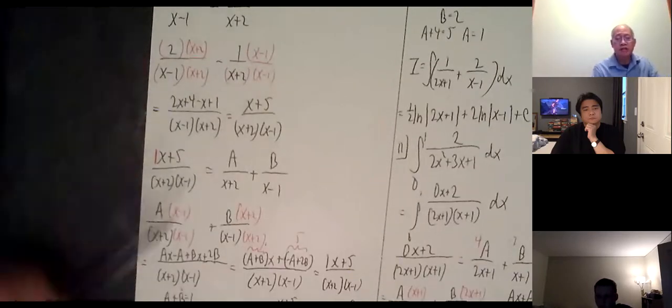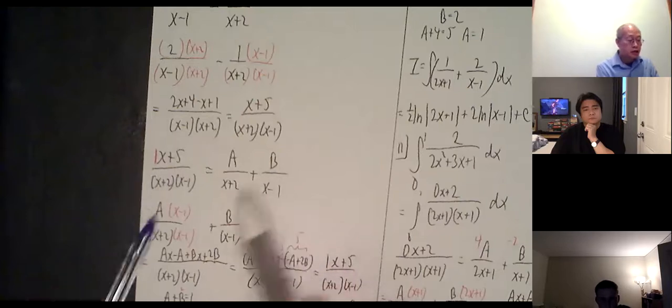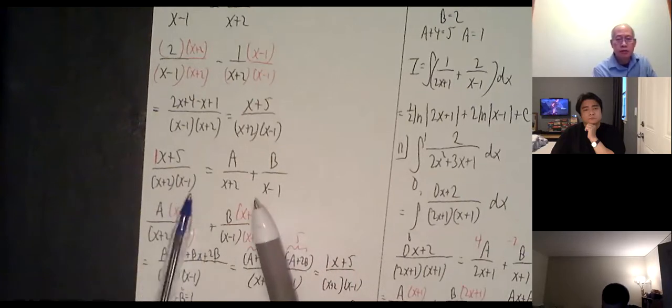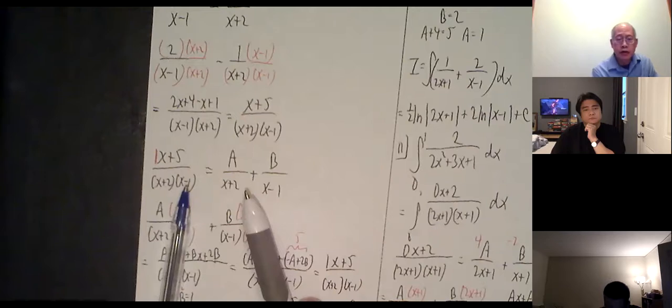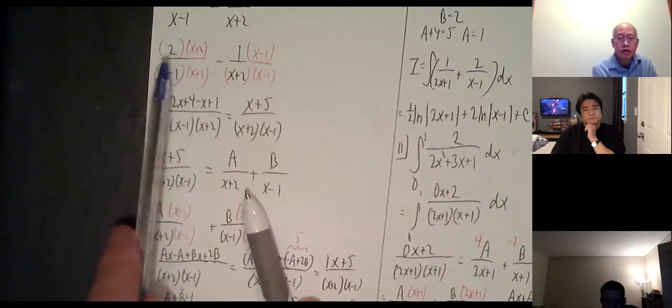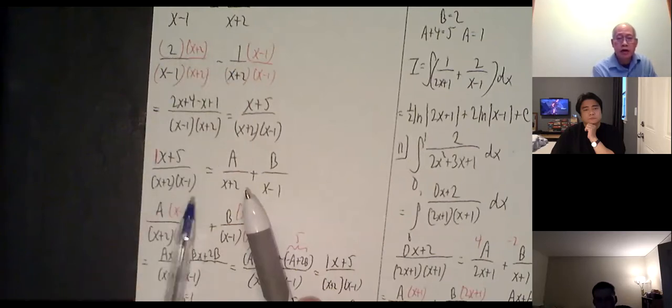So here's the technique of partial fractions. Just start off with a over x plus 2, b over x minus 1. Right now you don't know a or b. Just go ahead and get your common denominator, which really means do the same thing over here. The only difference is that over here you knew there was a 2 and a negative 1. Here you don't know the value of a or b, but just do the same thing.